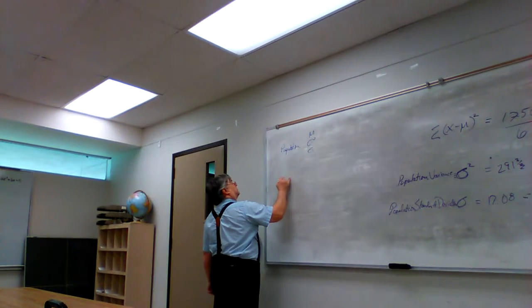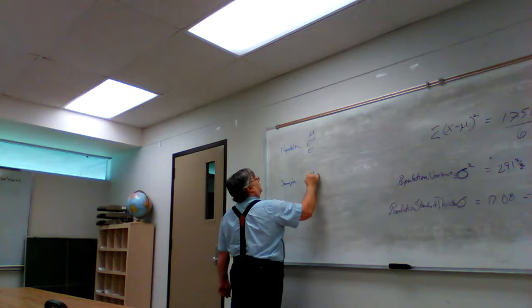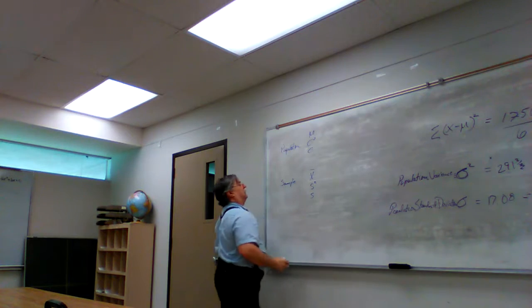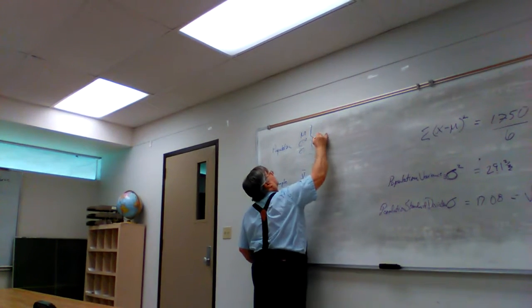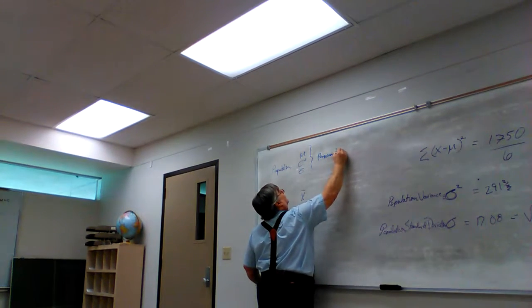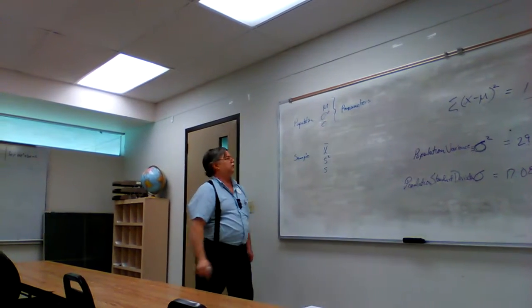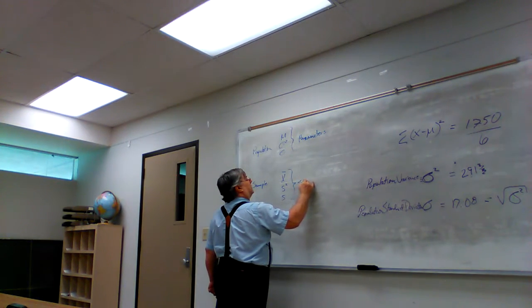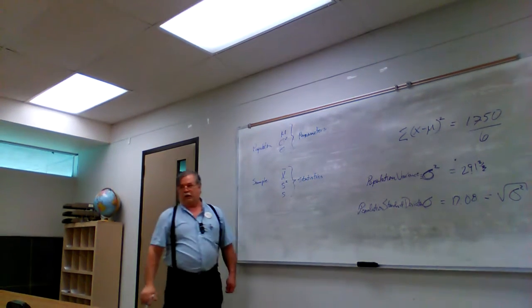And for the samples, you have the mean, the variance, and the standard deviation. These are parameters, measures of the entire population. These are the associated statistics of those parameters.